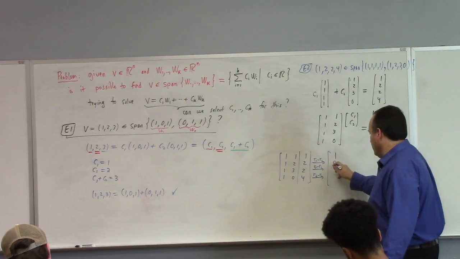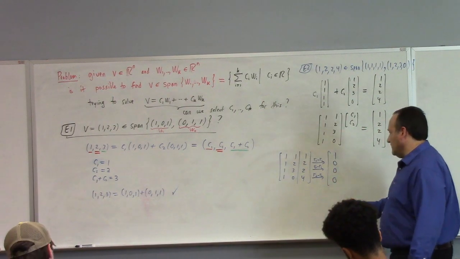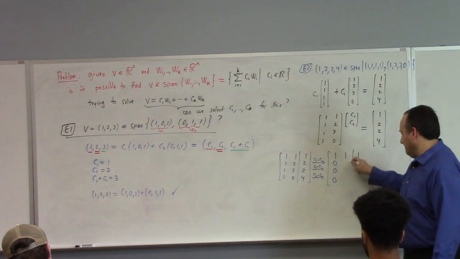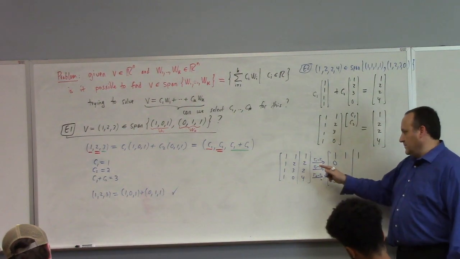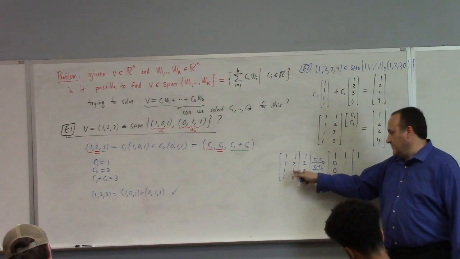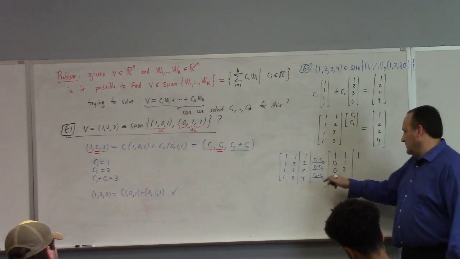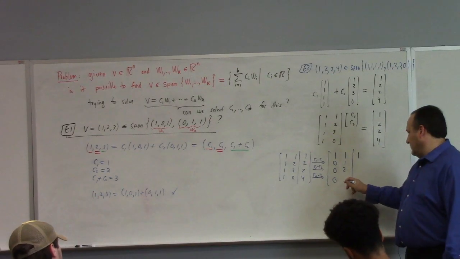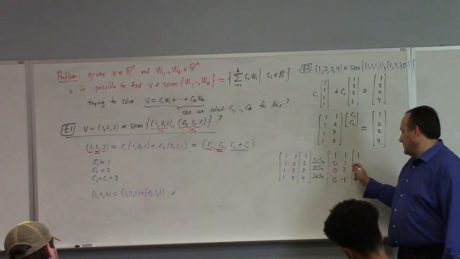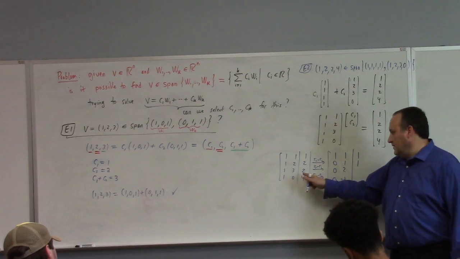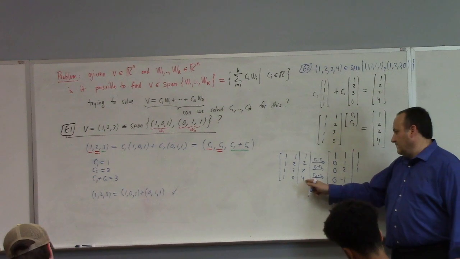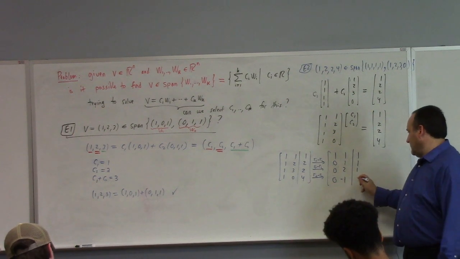Row 1 doesn't change. So 2 minus 1 is 1, 3 minus 1 is 2, 0 minus 1 is minus 1, 2 minus 1 is 1, and 4 minus 1 is 3.